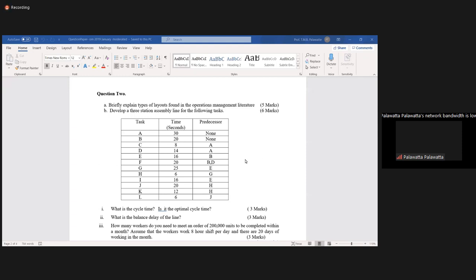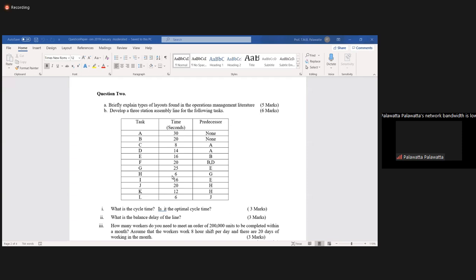C follows A and it takes 8 seconds. D follows A and it takes 14 seconds. E follows B and it takes 16 seconds. F follows B, it takes 25 seconds.